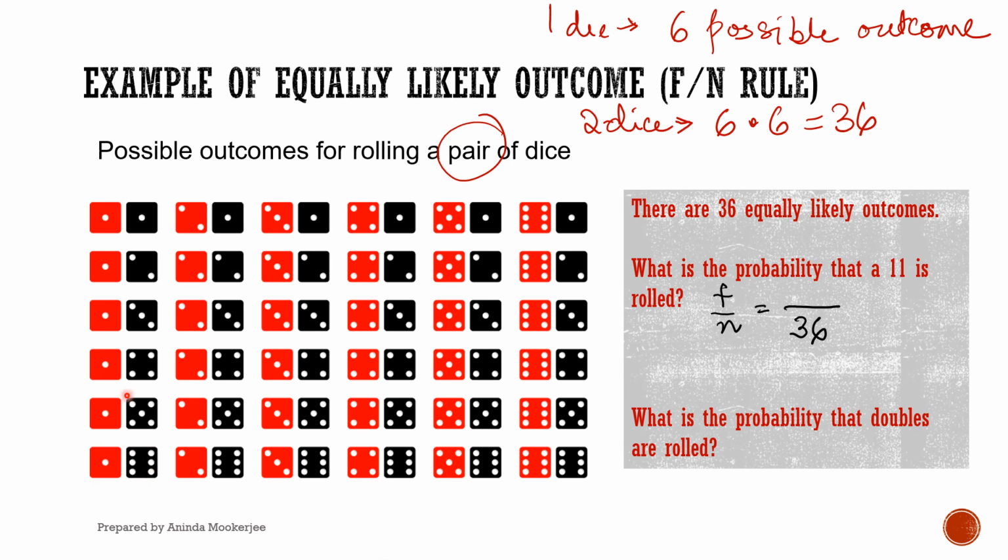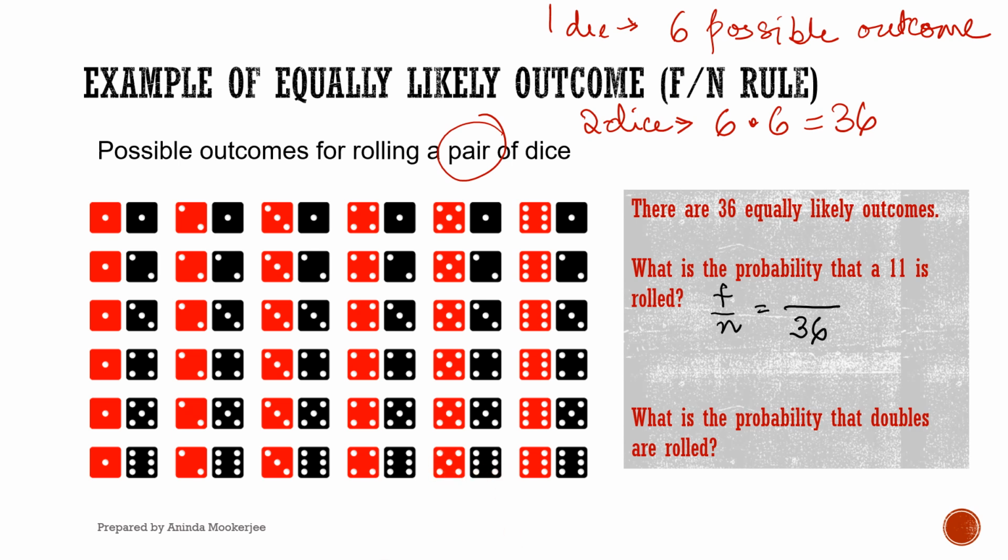So there are no 11s here. The second one, 6 plus 2 is 8. Third one, 6 plus 3, 9. So there's no 11 in this column either. In the fourth column, 6 plus 4, 10 is the highest. So no 11s here. Look at the fifth column. The last one is 6 plus 5, 11, right?